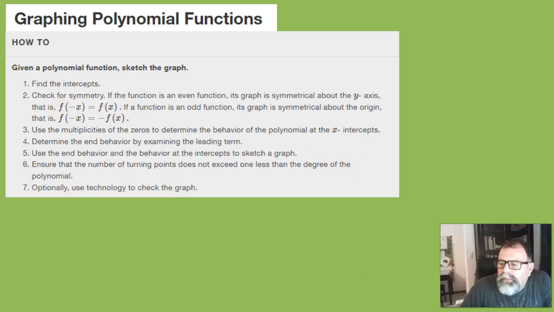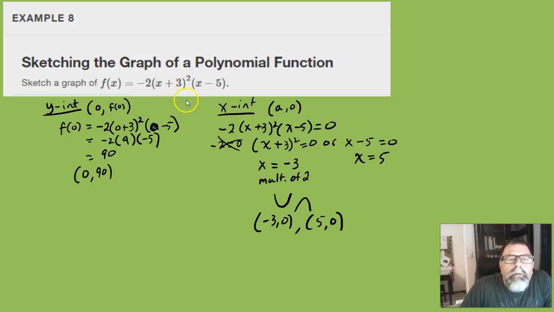Now we're going to check for symmetry. First of all, if we had symmetry about the y-axis, these two numbers would be the same, right? It'd be negative 3, 0, positive 3, 0. So I know it's not even. If I put in negative x, am I going to get odd?